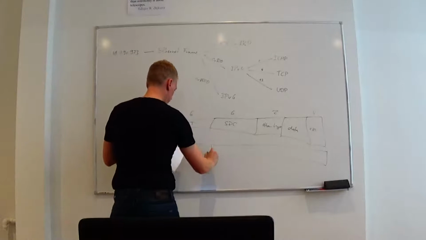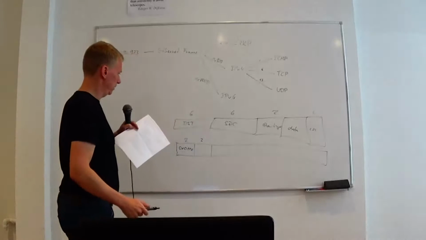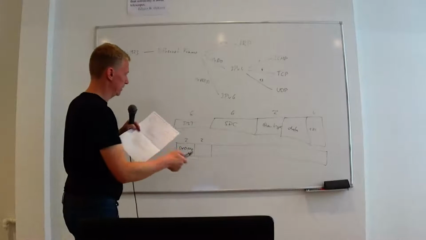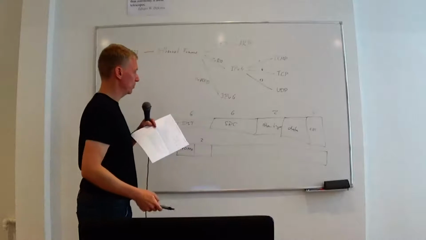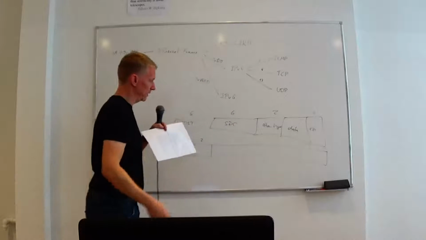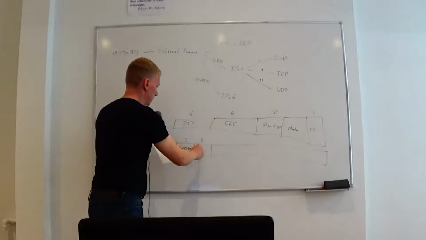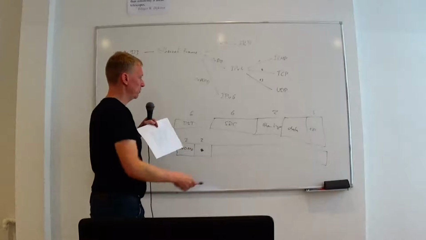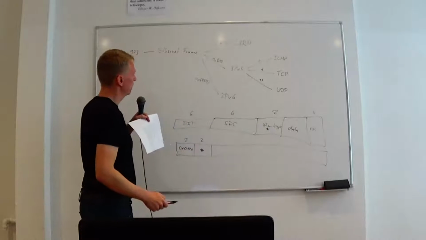Then we have 2 bytes for the protocol. We already have information about a protocol, this ether type, which will be hexadecimal 806. But the protocol that we have here is not the same as here.